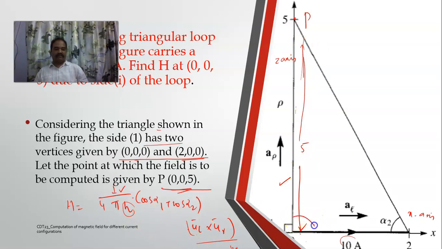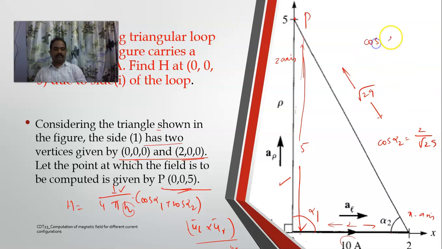Cos alpha 1, this is alpha 1 and this is alpha 2. Alpha 1 you can directly see is 90 degrees. Alpha 2 you can compute. What is cos alpha 2? Cos alpha 2 is adjacent, whose length is 2, over the hypotenuse, which is root of 5 square plus 2 square, that is 29. So cos alpha 2 will be 2 by root 29.